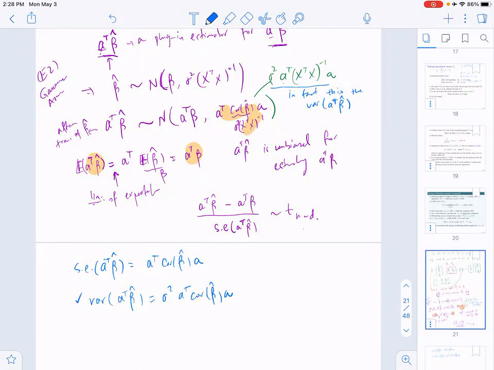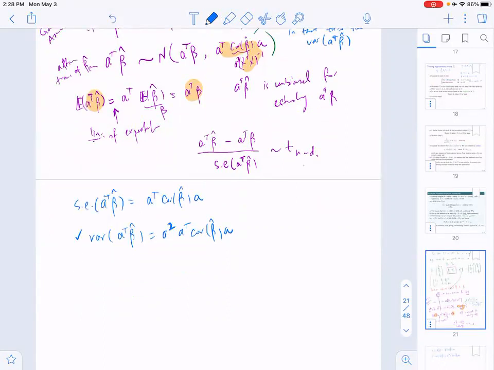So now what is the standard error? What is the relation of the standard error to variance? Divide by square root n.